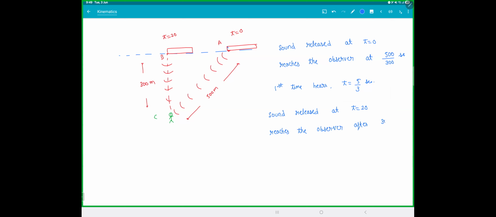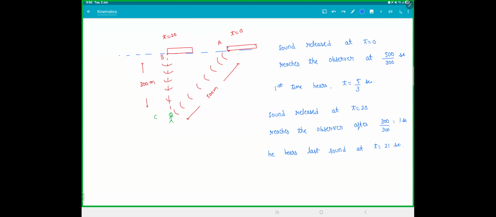That is 300 meters by 300 speed, 1 second. That is, he hears the last sound at 21 seconds. Is that making sense? The sound which you released at t0, you will hear at t equal to 5 by 3. The sound which you released at t equal to 20, you will hear at 20 plus 1 second. It will take 1 second for the sound to travel from B to C.